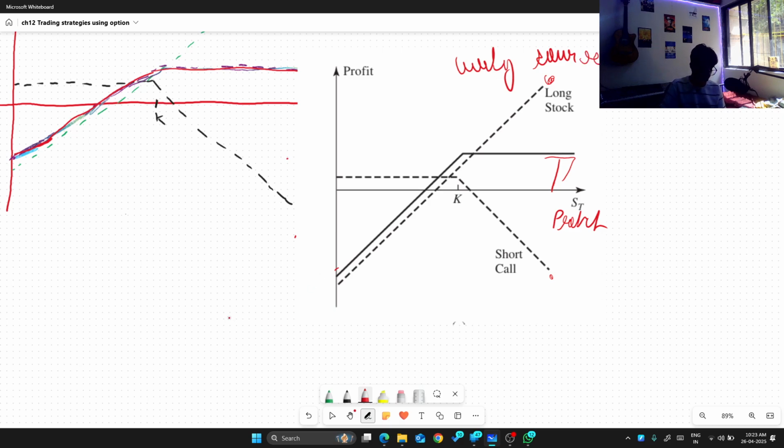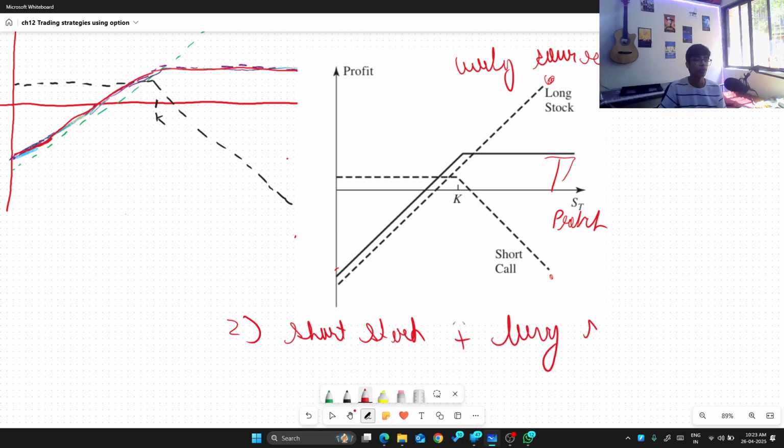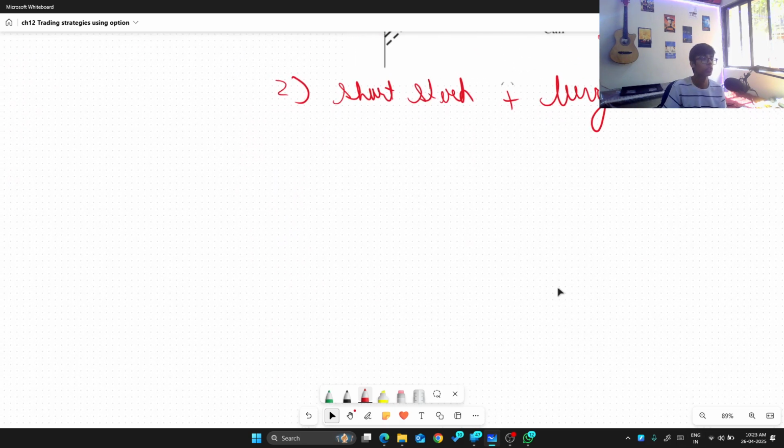And the second strategy is shorting the stock, underlying asset, plus long call, buying call, right? And its payoff would be like that.